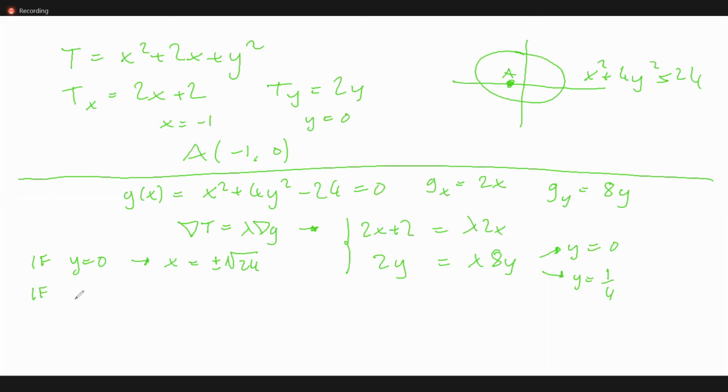If lambda is equal to 1/4, then x is equal to -4/3, which gives us the value for y as (-4/3) squared plus 4y squared minus 24 equal to 0, giving us y is equal to plus minus square root of 50/3.